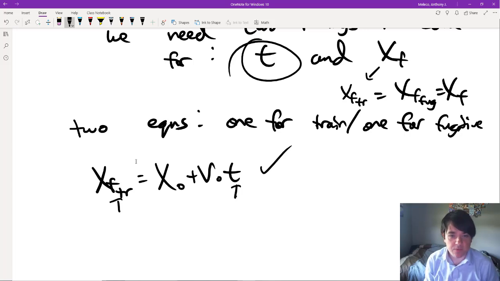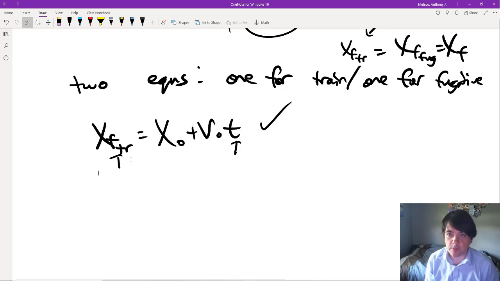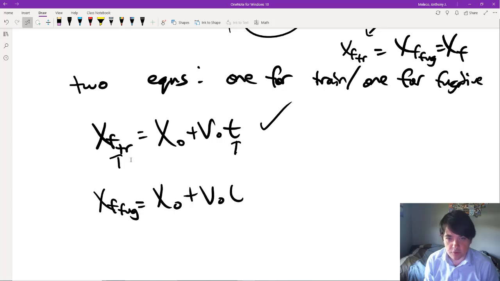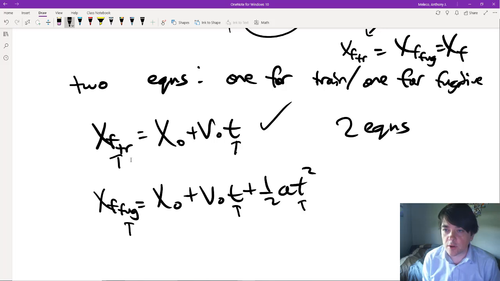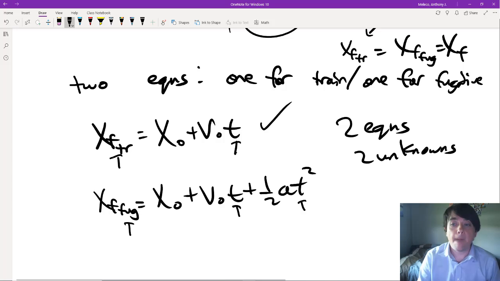And you'll see why this works in a second, even though it's two unknowns, because for the fugitive, we're going to use the acceleration version of this equation. So part of the reason this problem is hard to do is because we have two equations, two unknowns.